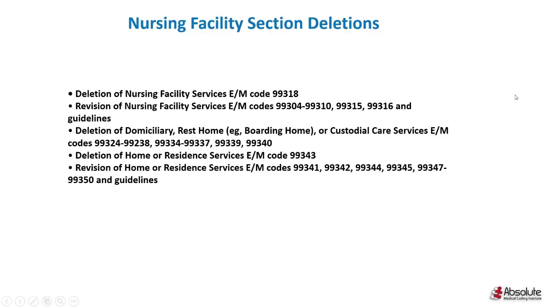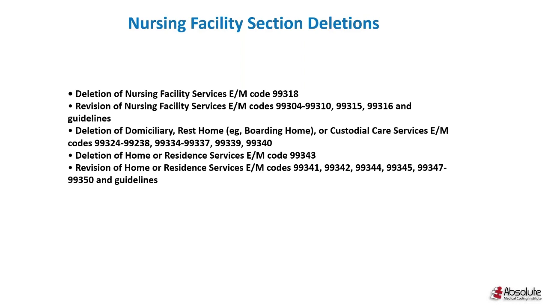So we also have the nursing facility section deletion codes. The deletion of nursing facility services E&M code 99318. The deletion of nursing facility service E&M codes 99304 to 99310, 99315, 99316, and those guidelines.